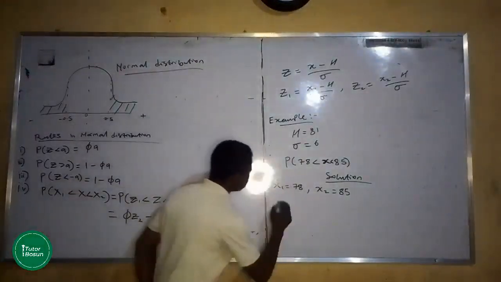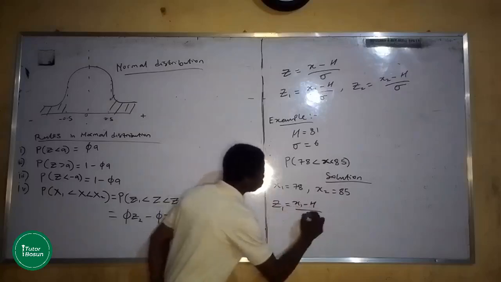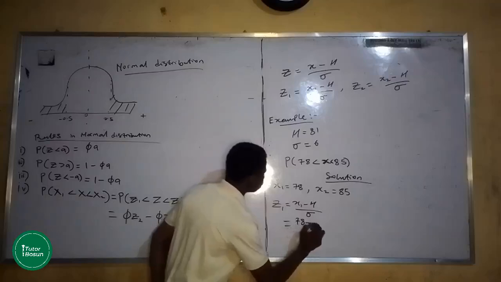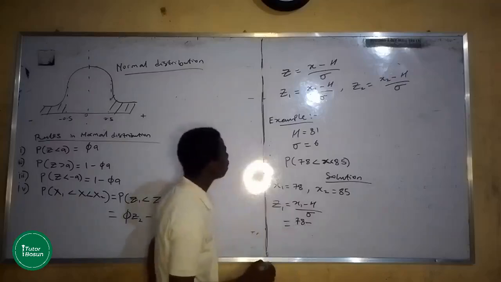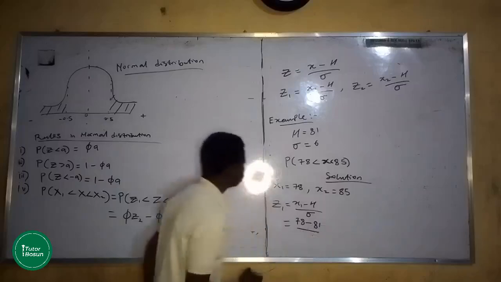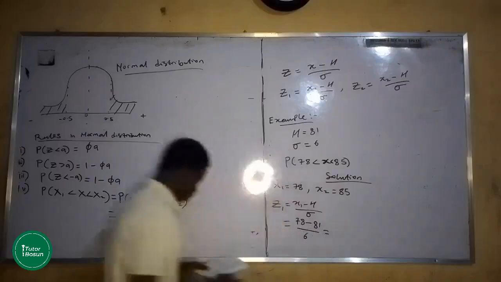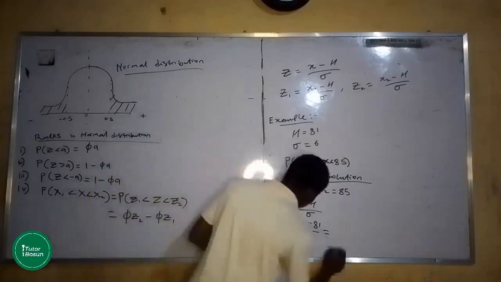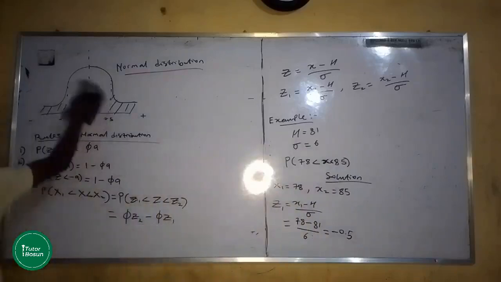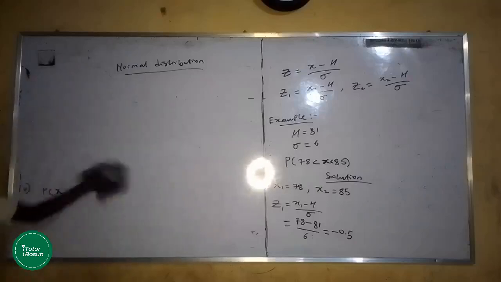Converting your x1 to z1, you have z1 equals x1 minus mu over sigma, which is equal to 78 minus 81 over 6. If you do that very well, you should be having minus 0.5. So z1 is equal to minus 0.5.